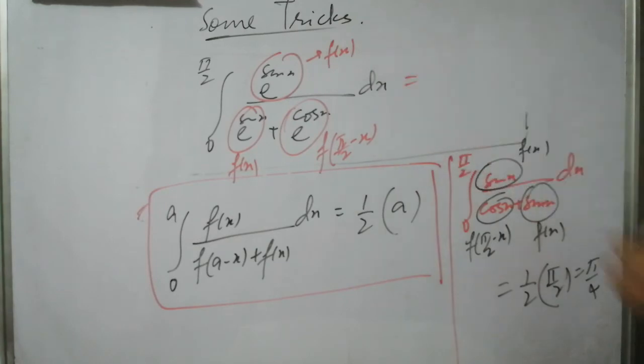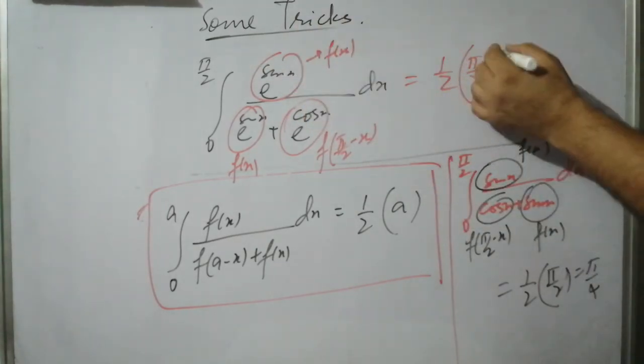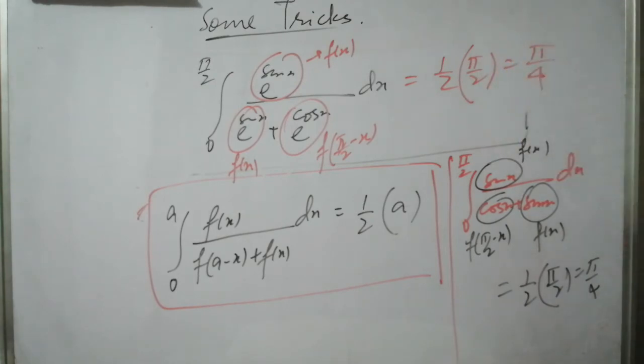What will be the answer? The answer will be what? Half of upper limit, that is pi by 4. So this actually is a trick that you can apply to verify almost 90% of the questions of your exercise where you are applying different integrals.